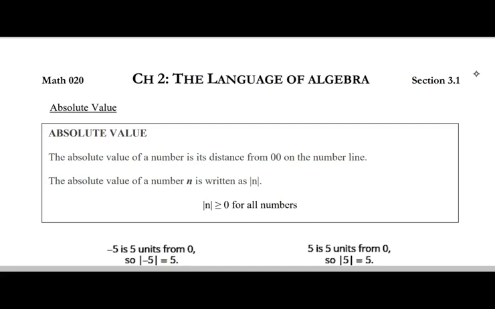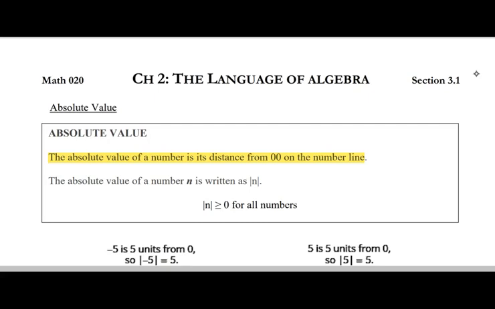The absolute value of a number is its distance from 0 on the number line to that number. So this is the verbal description: distance from 0 on the number line.